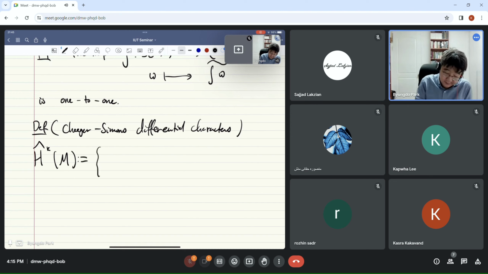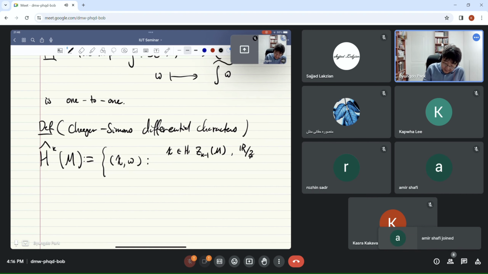It is a collection of pairs chi and omega. Here, chi is a map from k minus 1 cycles on your manifold that goes to R mod Z. You can view this as a group homomorphism. Then here omega is simply a differential k form.